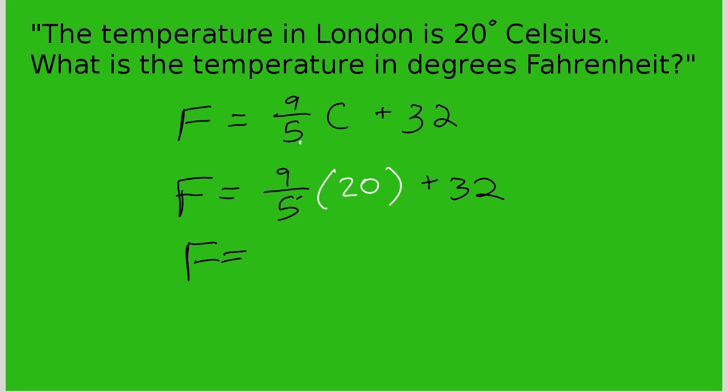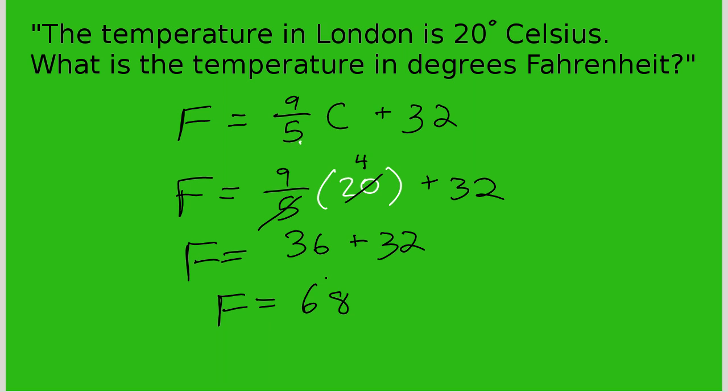I'm just going to cross this out here. So divide by 5 there, divide by 5 there, we're left with 4 on top up here. So 9 times 4 is 36, plus 32, and add those together. F = 68. So that means that the temperature is 68 degrees Fahrenheit.